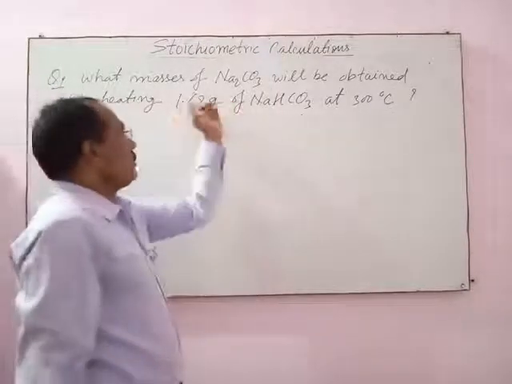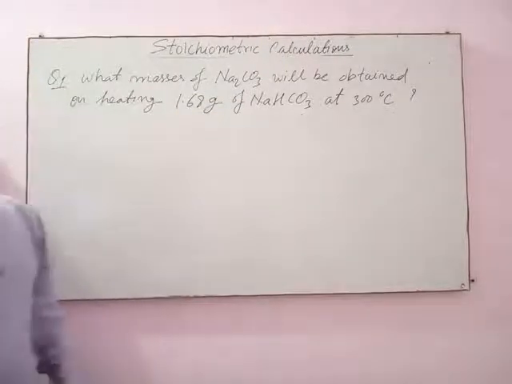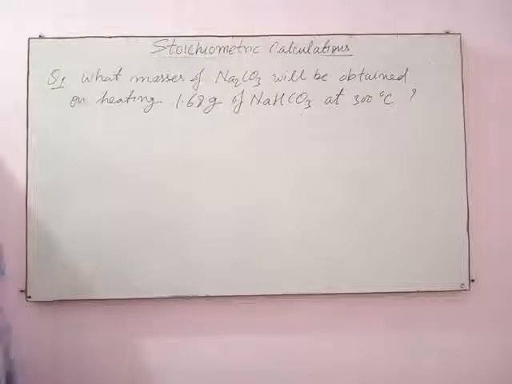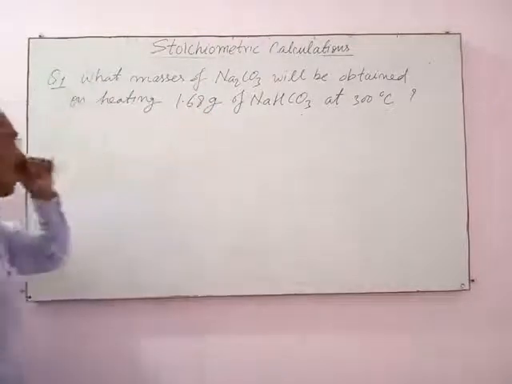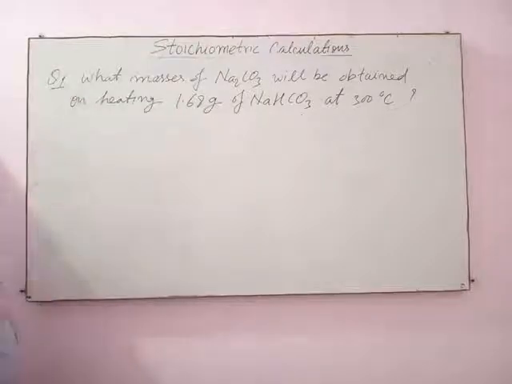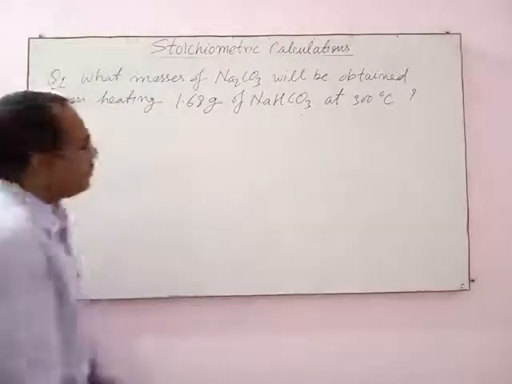"What mass" means this question is related to stoichiometric calculations in terms of masses. So first of all, we have to write the balanced chemical equation of thermal decomposition of sodium bicarbonate.